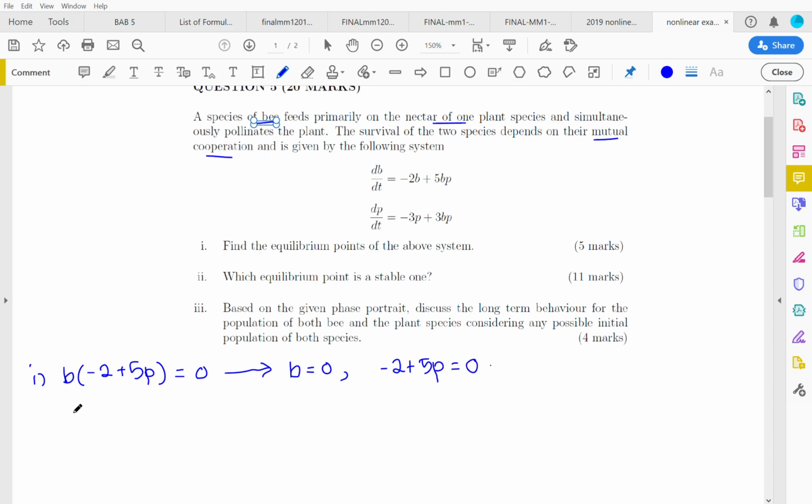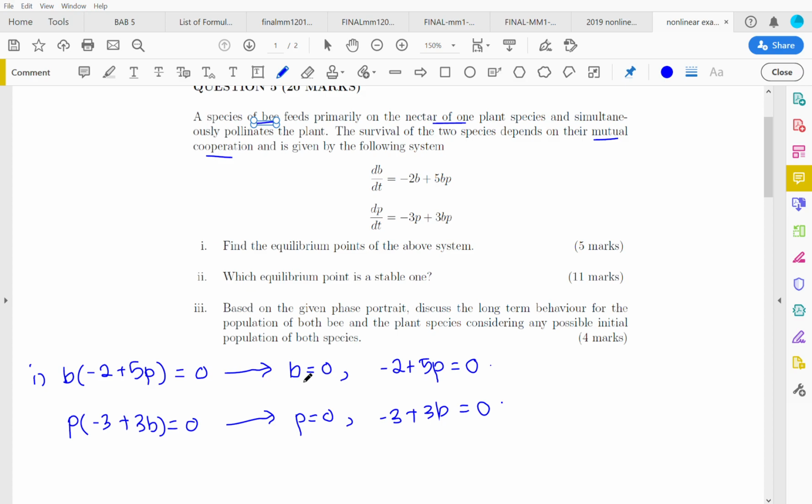And from the second equation, I can factorize p. So we have p times (-3 + 3b) equal to 0. So here we'll get two equations as well: p equal to 0, and minus 3 plus 3b equal to 0. Okay, so as usual, we pair.